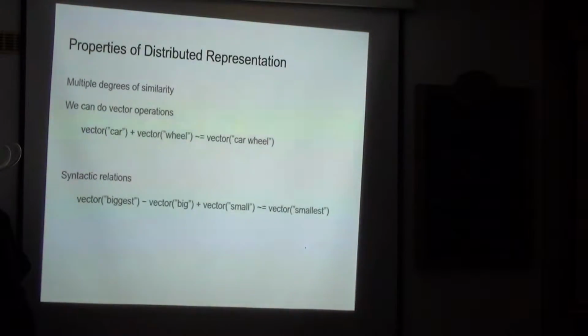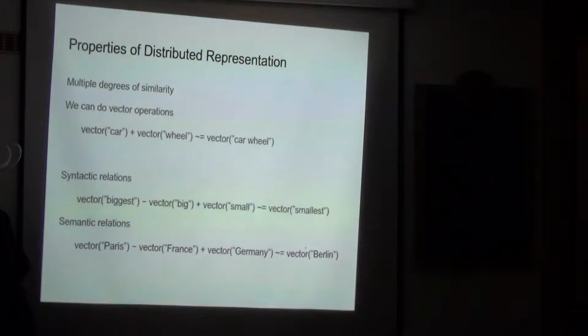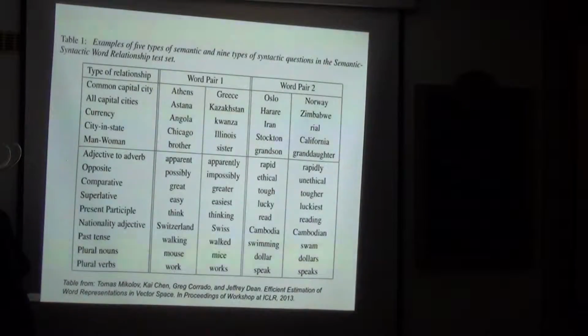Let's take biggest minus big plus small. It's very close to smallest. It's not exactly the vector for smallest, but it's very, very close. It's similar with semantics. When we take Paris minus the vector for France and add the vector for Germany, we get something very close to Berlin. So it's rather cool to work with words like with vectors.